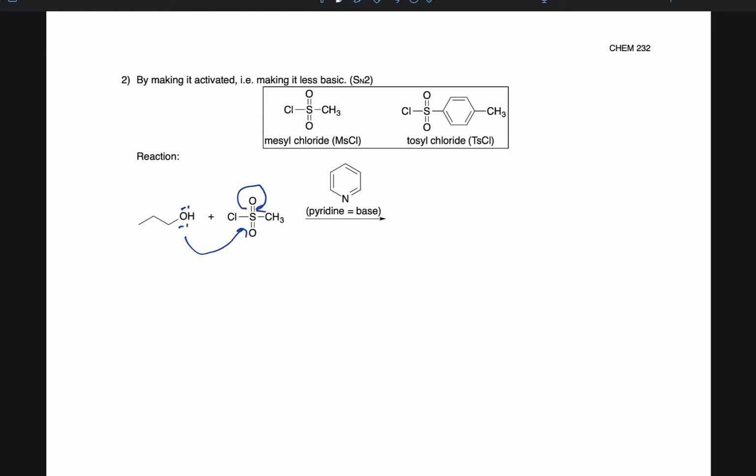We have one of our double bonded oxygens break apart and come back together, and chlorine leaves as a leaving group, in order to make our oxygen here now a good leaving group. And from here, we can do any sort of leaving group reactions, such as, again, Br minus or something.